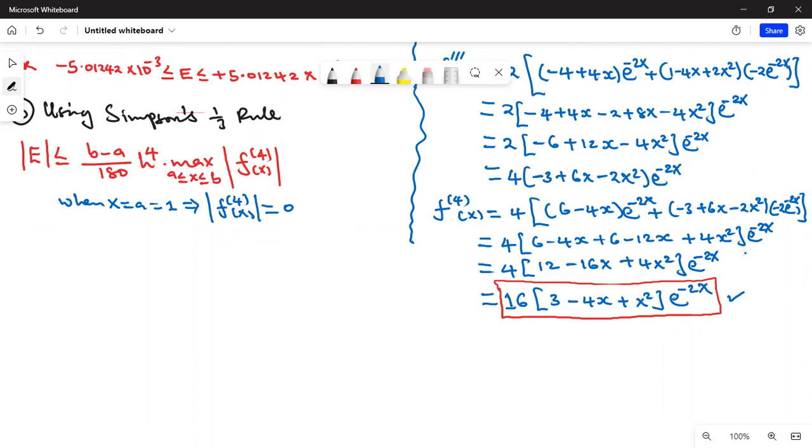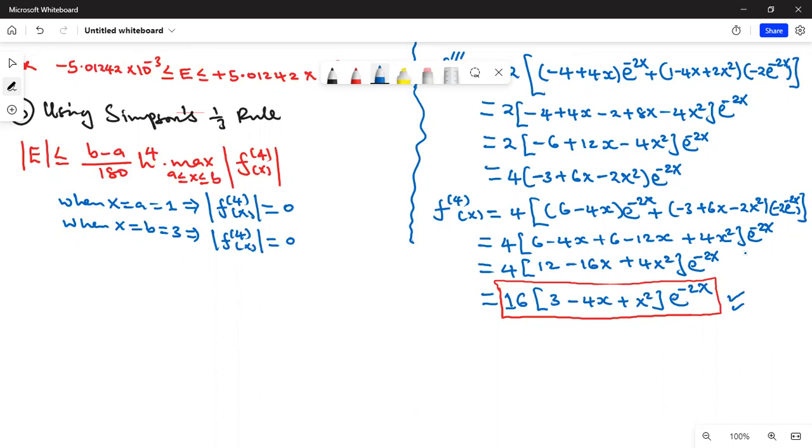What about at the other end, when x is equal to b, which is equal to 3? What do you think will be the absolute value of the fourth order derivative of f of x? If I substitute 3 again into this fourth derivative, it is clear that I'm getting 0. So those are the values at the endpoints.